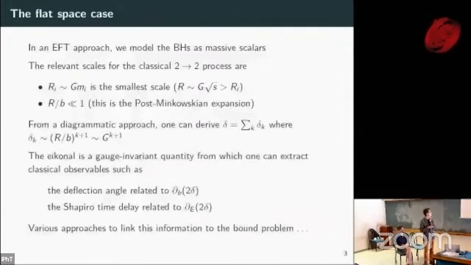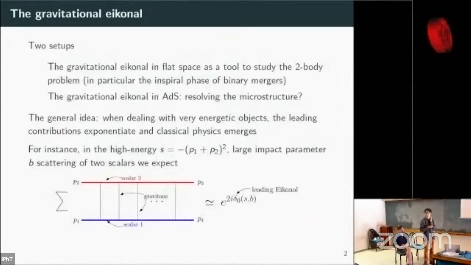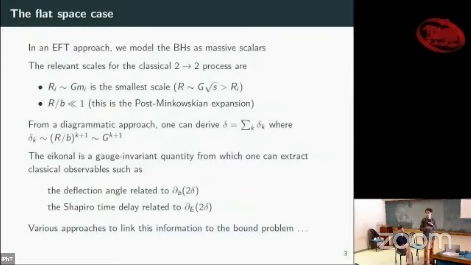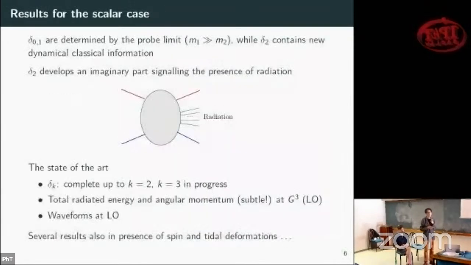So you have e to the 2i delta, right? And delta develops an imaginary part. So basically, the elastic process, describing just two things coming in and the same two things coming out, is exponentially suppressed, right? Because i times i is minus, right? That imaginary part will be positive. So the elastic process is suppressed.